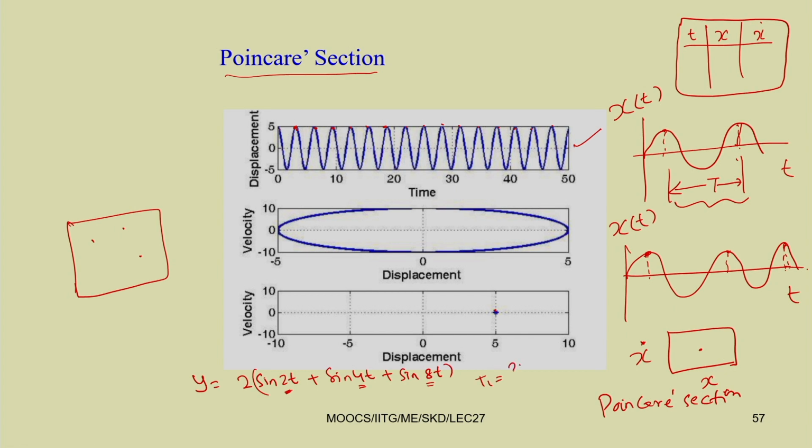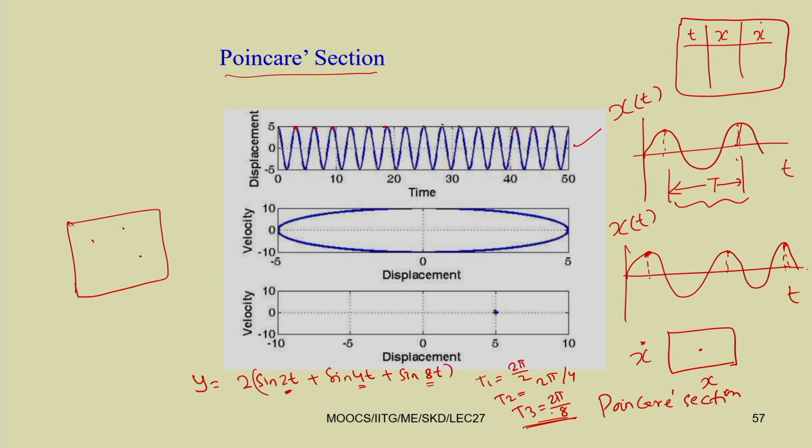Your T1 will be equal to 2 pi by 2, T2 equal to 2 pi by 4 and T3 equal to 2 pi by 8. So the values are pi, pi by 2 and pi by 4. The lowest time period is T3, which is pi by 4.